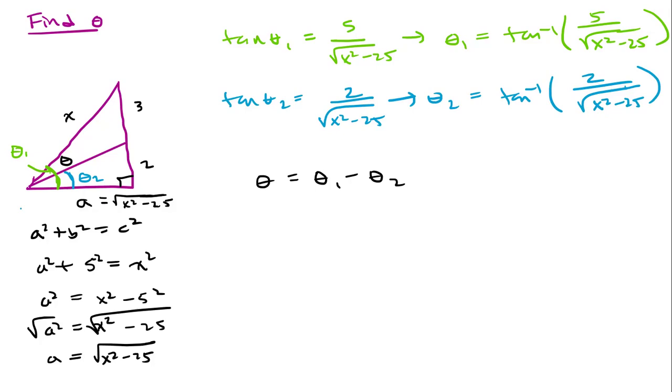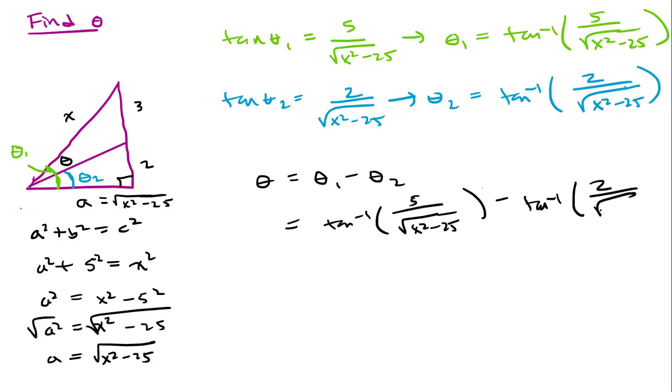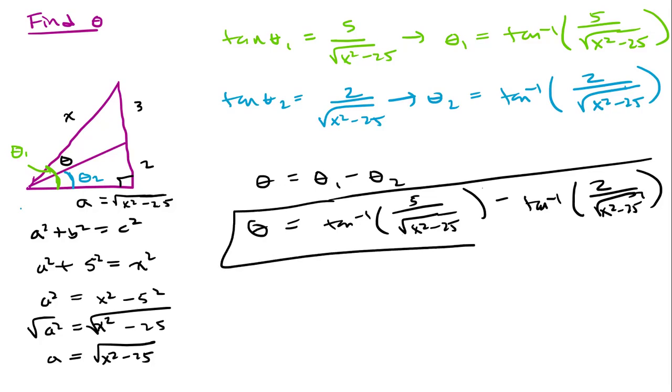And that will give us regular theta, okay? So in this case, theta 1 we found was the inverse tangent of 5 over the square root of x squared minus 25, okay? And then minus theta 2, that's going to be the inverse tangent of 2 over the square root of x squared minus 25. All right, so there is our answer for theta.